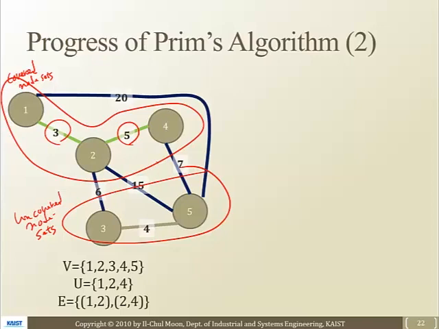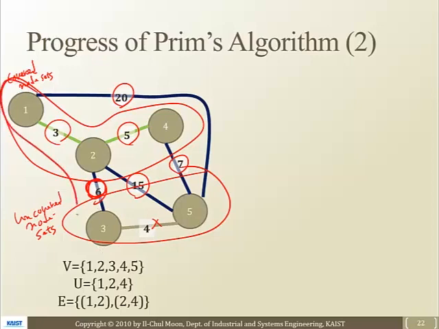Between the covered and uncovered node sets, we have 6, 15, 7, and 20 edges linking these two different sets. 4 is not considered because it is between uncovered nodes. Here, 6 has the minimum value, so we recruit node 3 for our next covered node set.